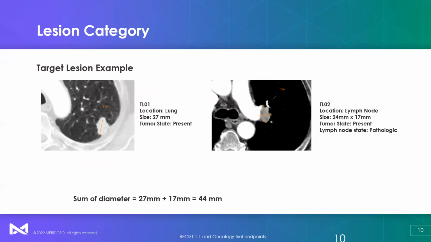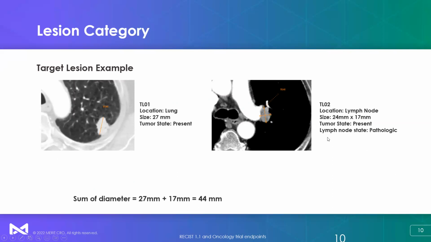And here are some examples of target lesions. In this example, I have target lesion 01, which is the target lesion ID, with the location of the lung. Size is recorded as 27 millimeters, with the tumor state present at the baseline. Also, lesion ID target lesion 02, the location would be a lymph node, and the size would be both the long axis and the perpendicular short axis, recorded as 24 by 17.